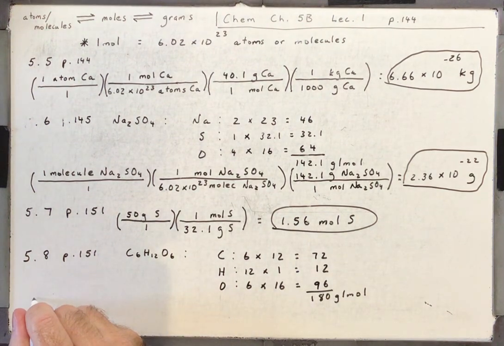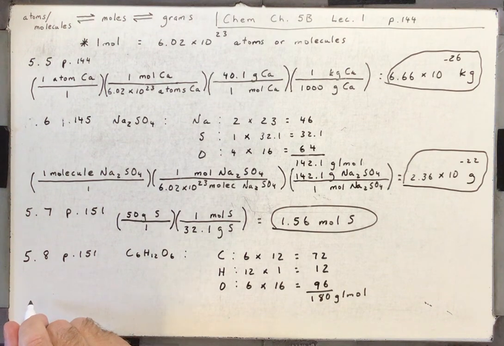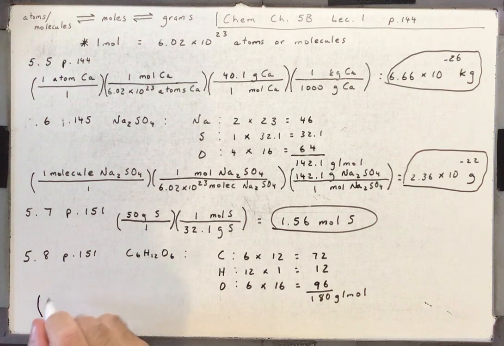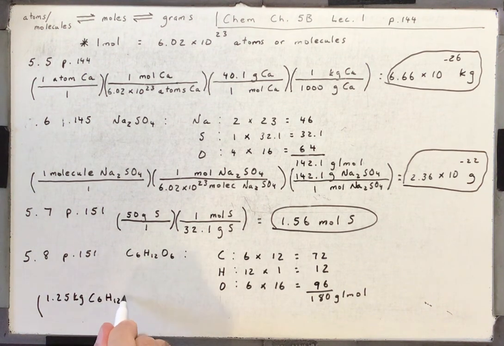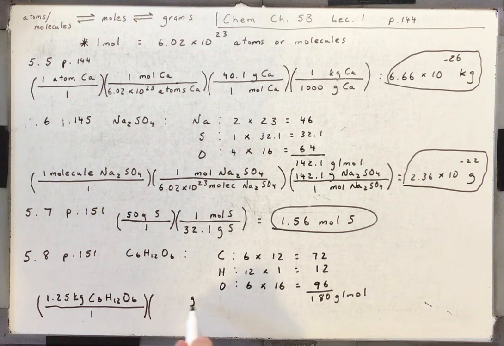Okay, so now we're going to convert 1.25 kilograms of C6H12O6. Getting a little messy here because I'm at the bottom. I need to go to grams.